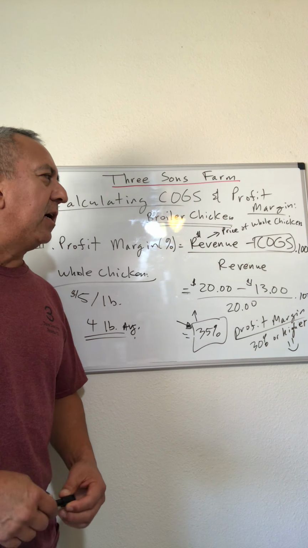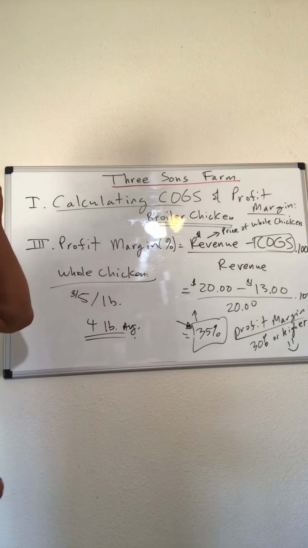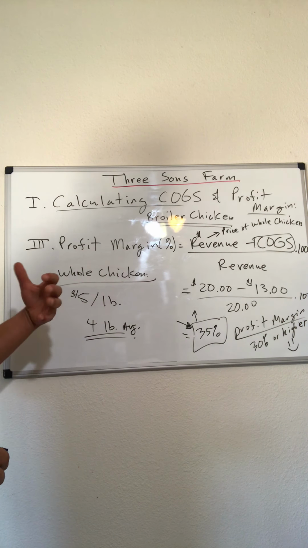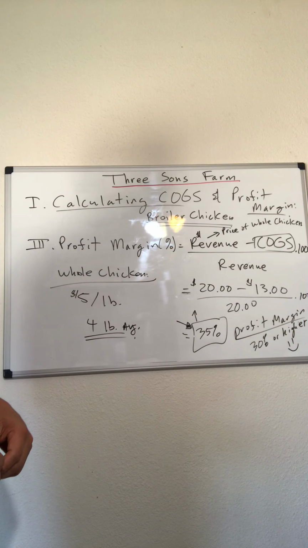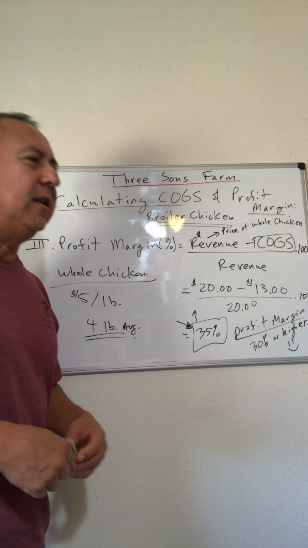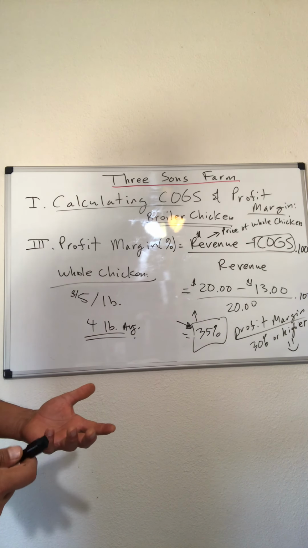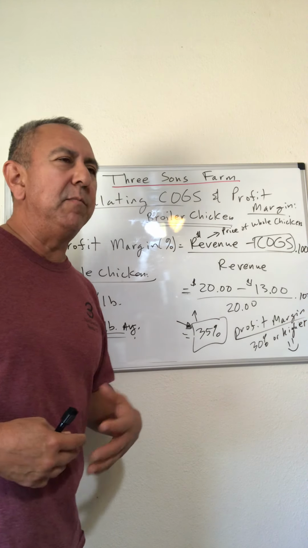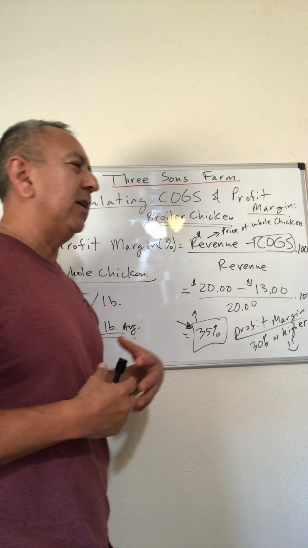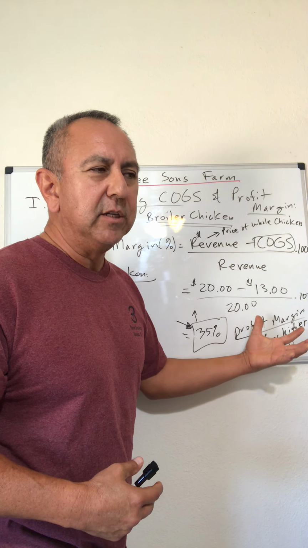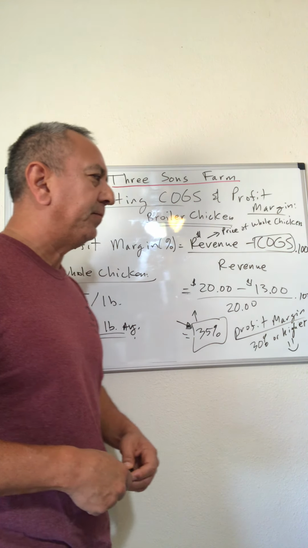Well, I hope that this has helped clear up some things on profit margin and how to calculate the COGS and the difference between direct costs and indirect costs. And the next show I'm going to do is how do we calculate our net profit margin, and that's where we take into account all those indirect costs and see what that looks like.